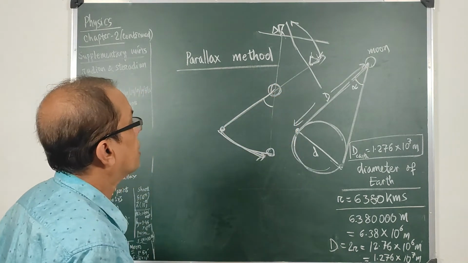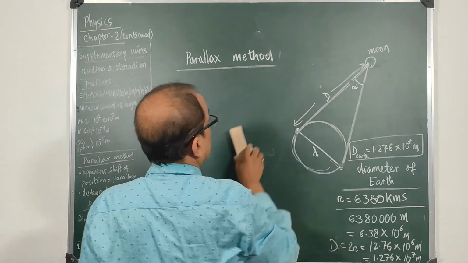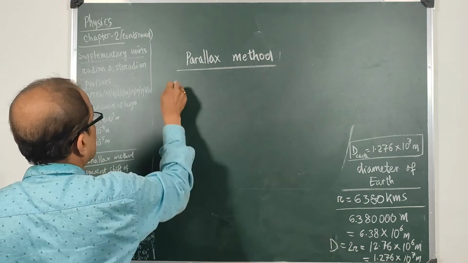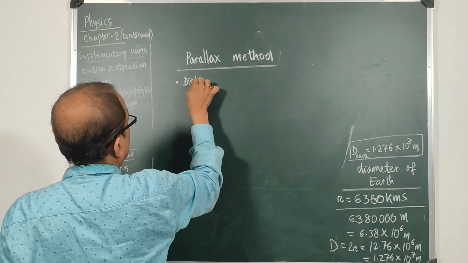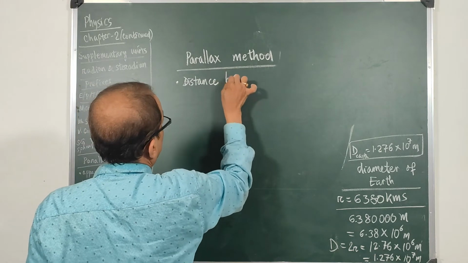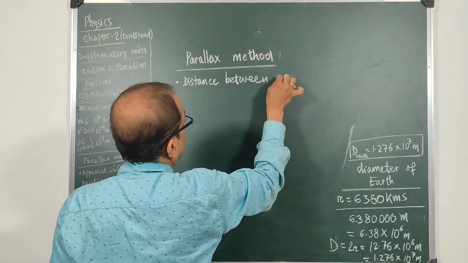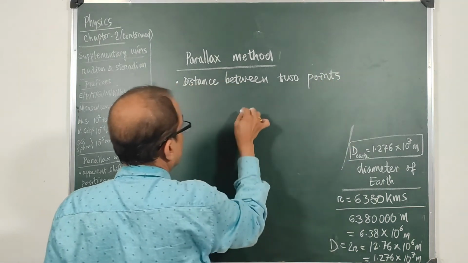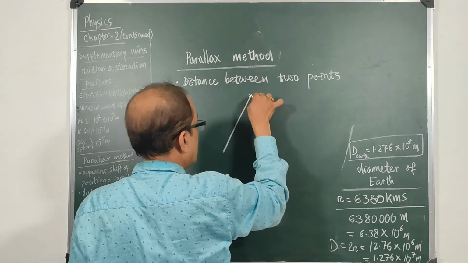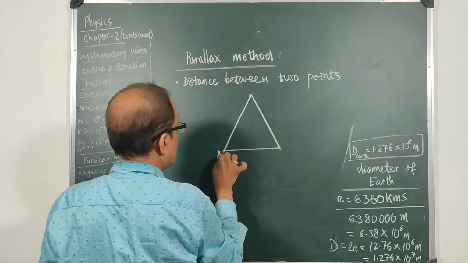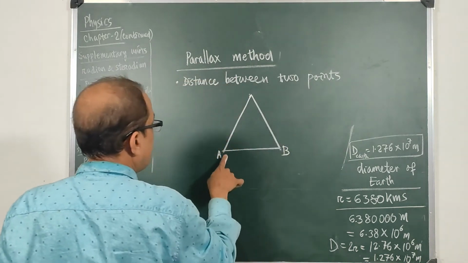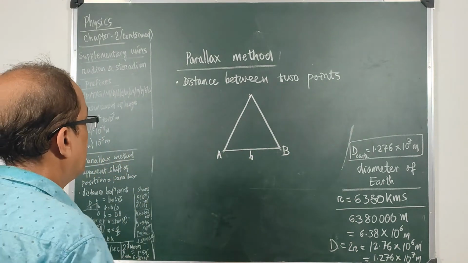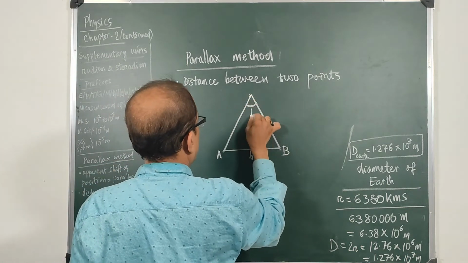This method is known as the parallax method, and it is used for two different purposes. The first is finding the distance between two points. Suppose there are two points A and B. I need to calculate the distance between A and B, which is small b, and I have an angle theta here.